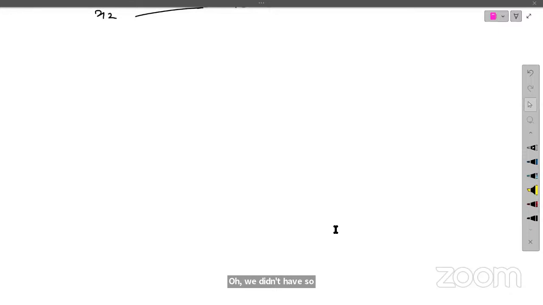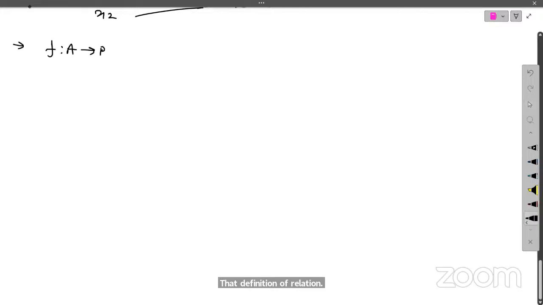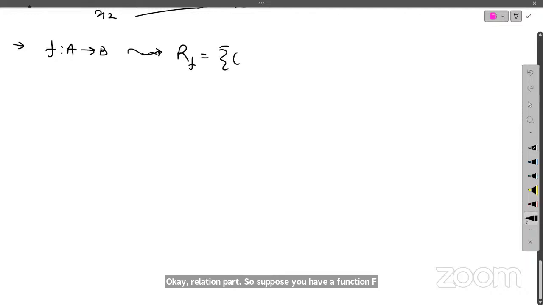Can you please repeat the definition of relation? The relation part. Suppose you have a function f from A to B. Then for every function, you can assign a relation, and that relation is denoted by RF. Every element of the relation is a pair (a, b), where the first is a and the second is f of a.